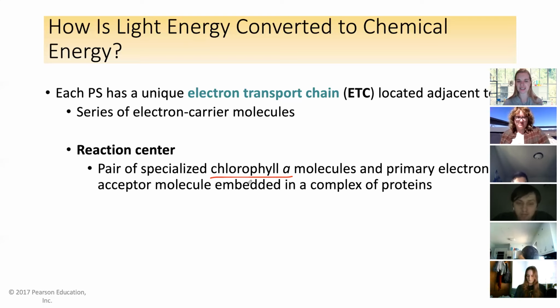And we're going to see that these help us capture these very excited electrons and send them through this electron transport chain. So not all chlorophyll are created equal. These specialized ones are the ones that help us get our excited electrons to the places where they need to go.